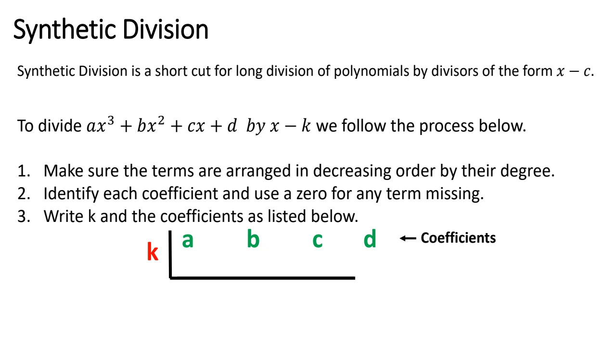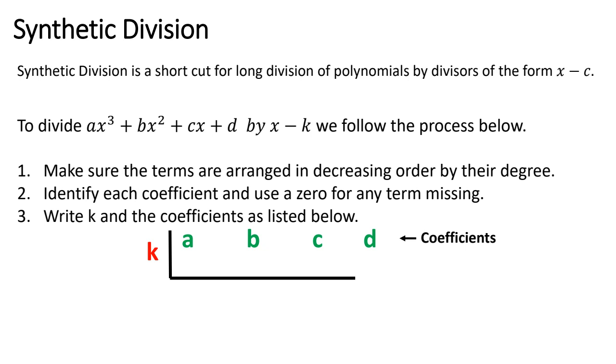Okay, so if I'm dividing a polynomial, again, my divisor has to be in this form, x minus k, and I'm using these variables because these are the variables that your book uses. Okay, it's almost similar to the long division. First thing we need to do is make sure that our terms are arranged in descending order by their degree.